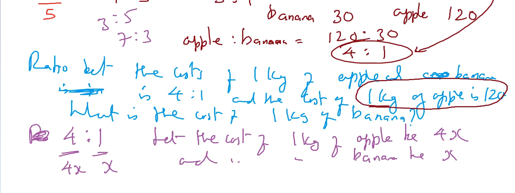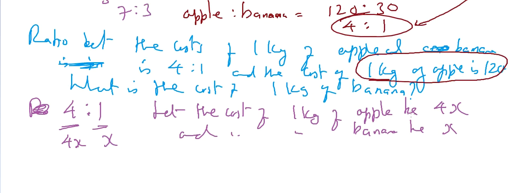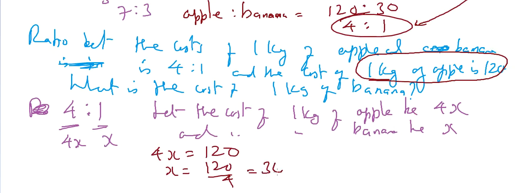So here, what is the cost of 1 kg of apple? 4x. So it's given 4x is equal to 120, which means x is equal to 120 by 4, which is 30. So now we have found the value of x. Correct.